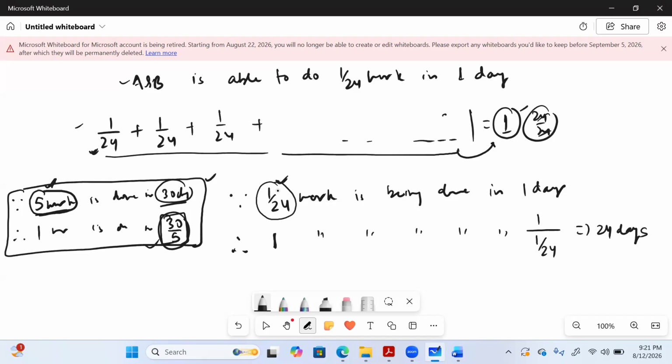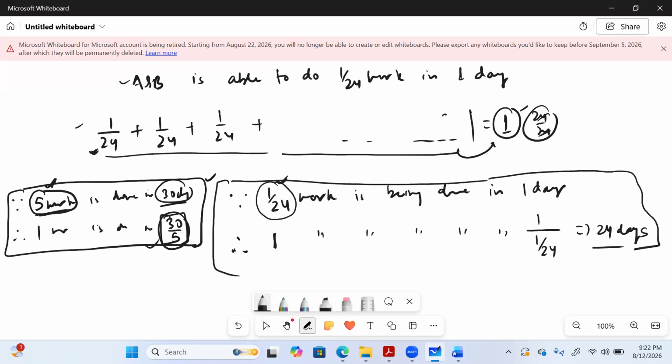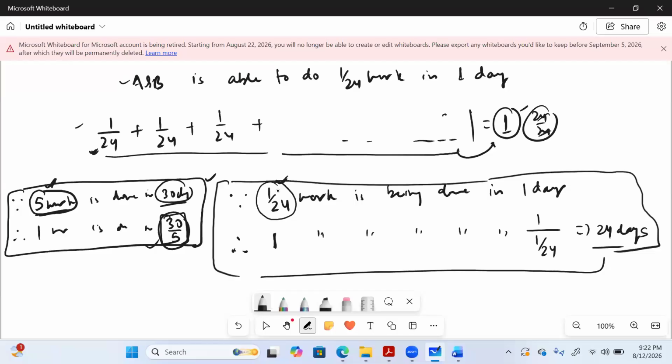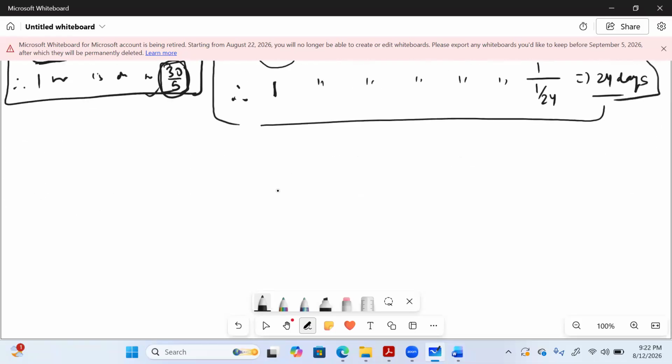And since nobody wants to explain this, what they just say is: if you have the unit day, and you have the amount of work for the unit day, you just take the inverse. Like if 1 by 24 is being done in 1 day, take the inverse, 1 divided by 1 by 24. तो you will get 24, है ना? सिमिलरली, let me give you another example.